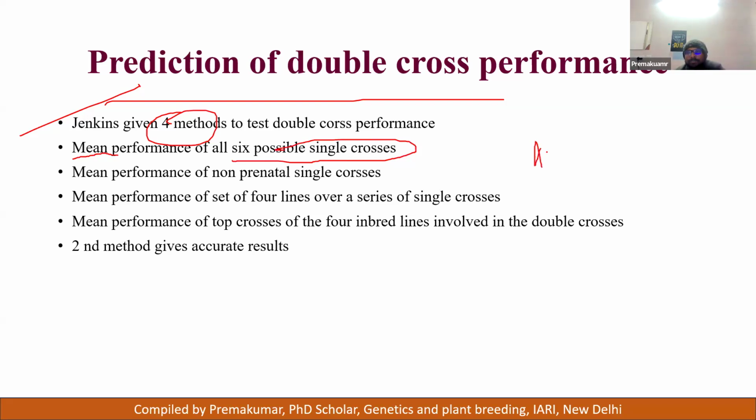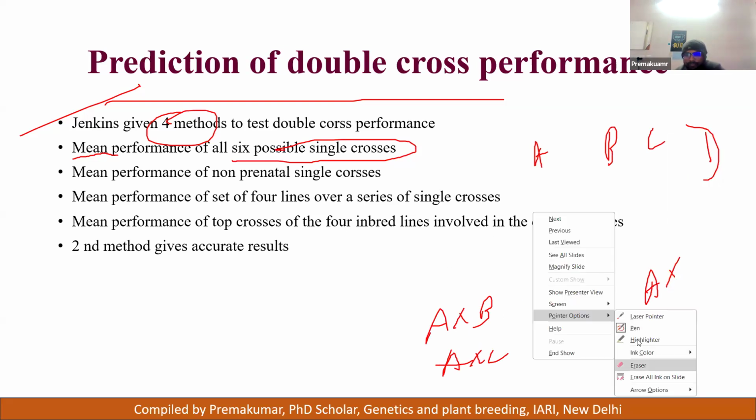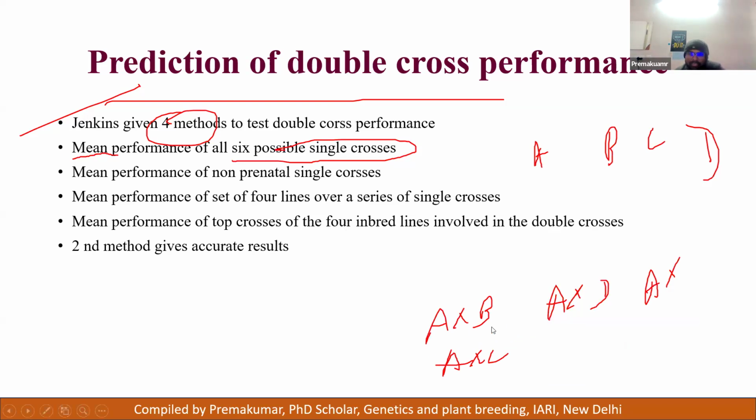For example, you have A, B, C, D: A into B, A into C, A into D, then B into C, B into D, and C into D. There will be six possible single crosses if you have four inbreds. Just evaluate the performance of the six possible crosses.